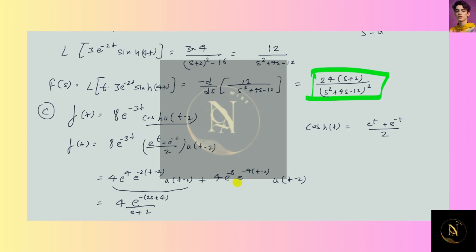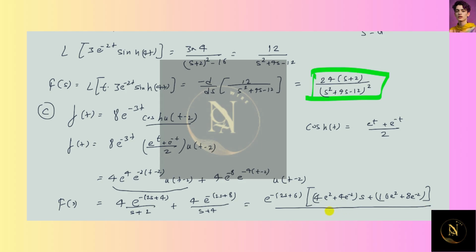When we add these two, we get the Laplace of this term: e^(-2s) multiplied by (4e^4(s + 4) + 4e^(-8)(s + 2)) divided by s² + 6s + 8. So this is the answer for part C.